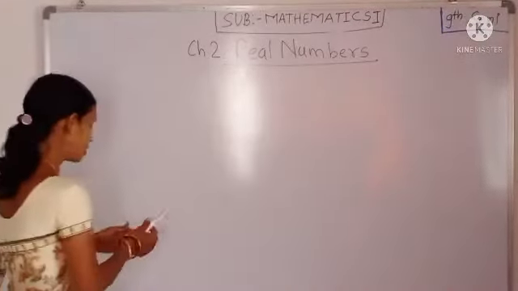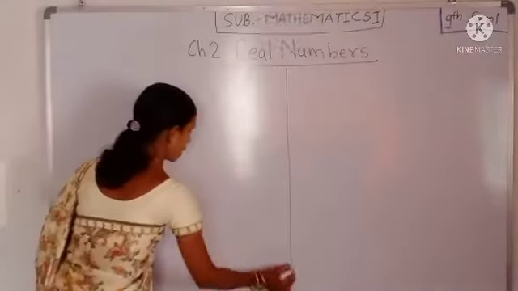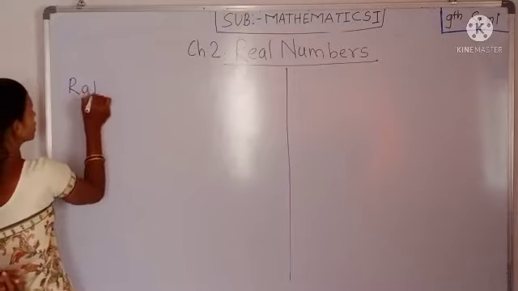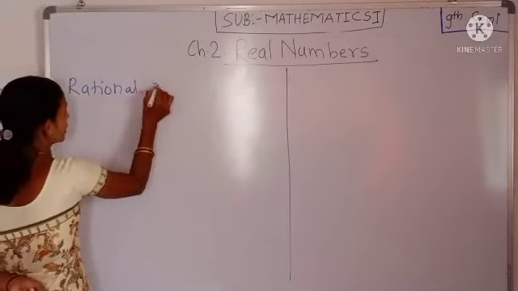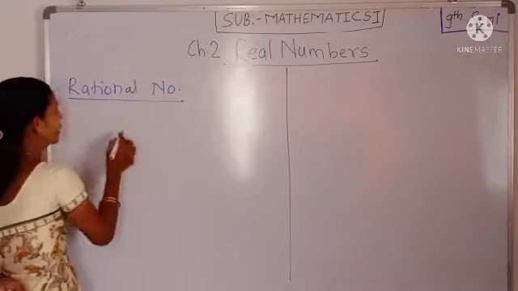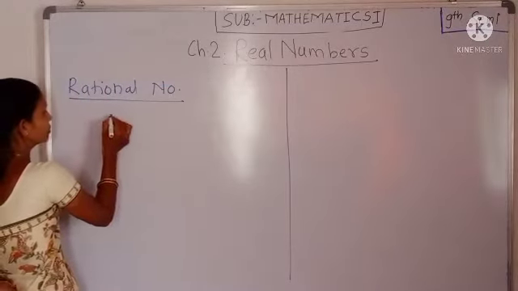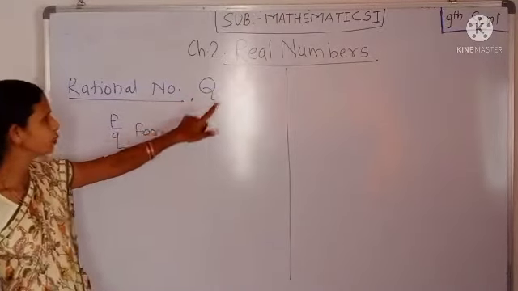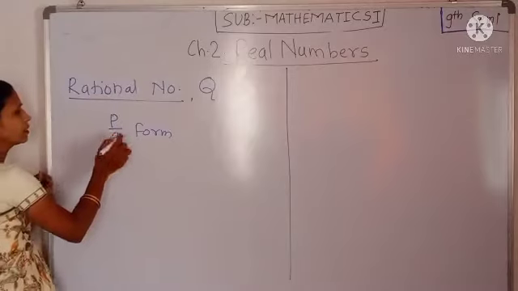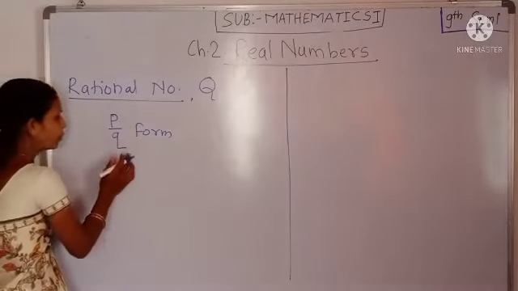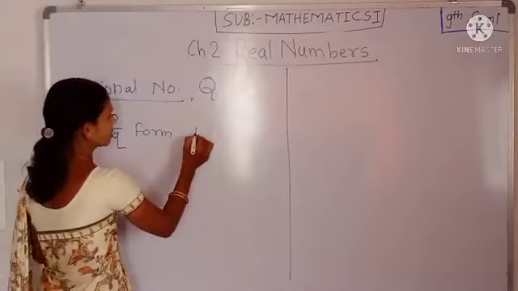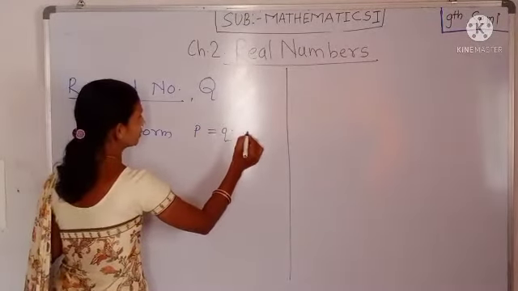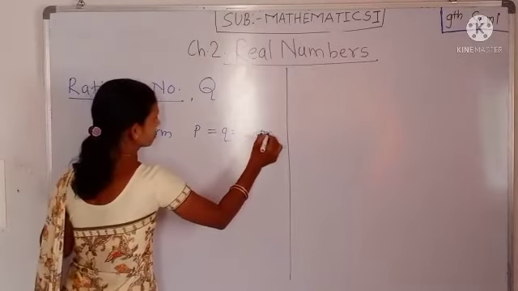All of you know that any rational number can be written in the form P upon Q. The set of rational numbers is represented by Q, and it is written in the form P upon Q, where P and Q are both integers.